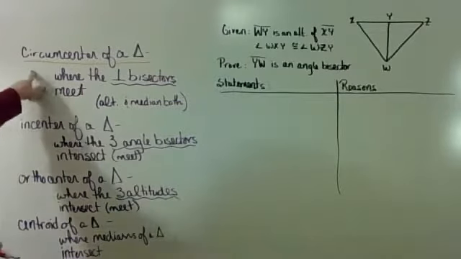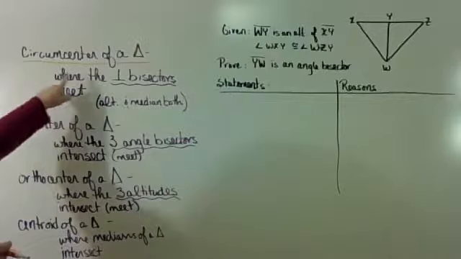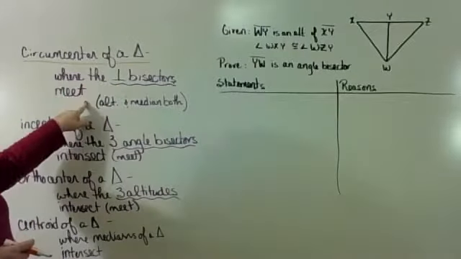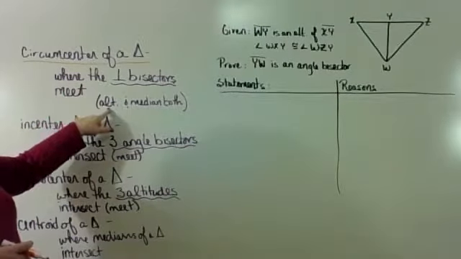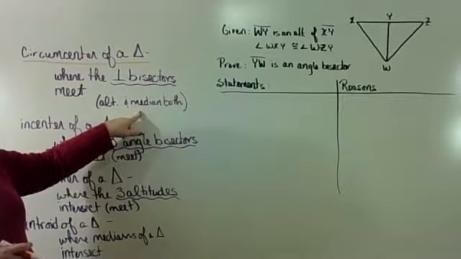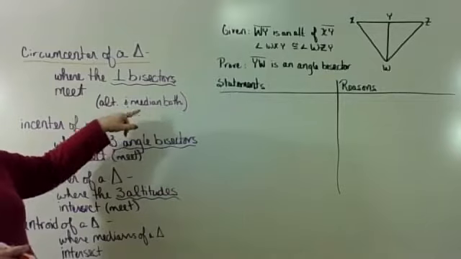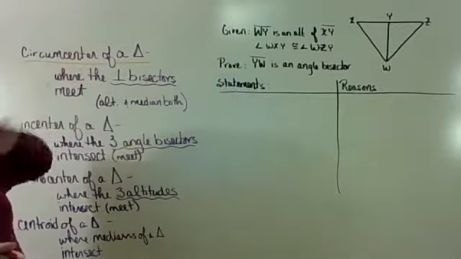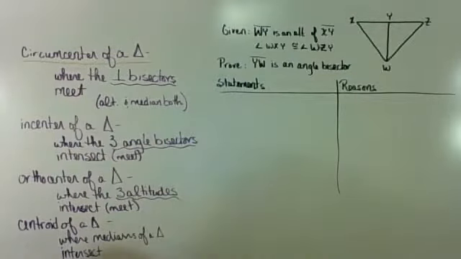It says that the circumcenter of a triangle is where the perpendicular bisectors meet, which means it has to be the altitudes and a median, both of them, in order for it to be a circumcenter of a triangle.